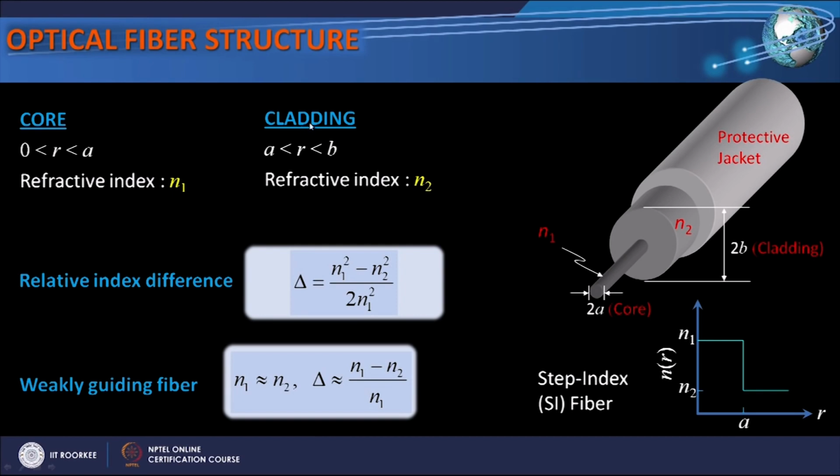In the cladding, which is defined by A less than R less than B, refractive index is N2, and this is the refractive index profile of the fiber.